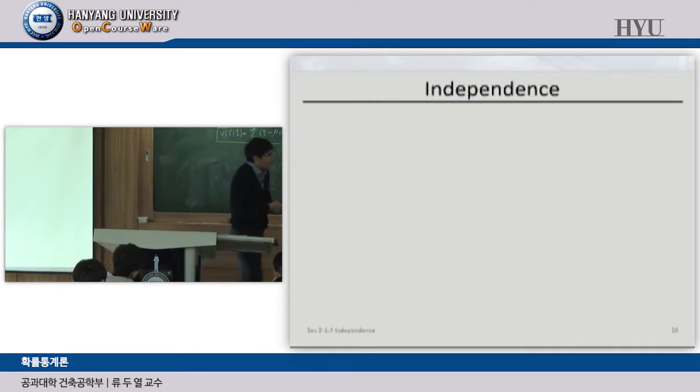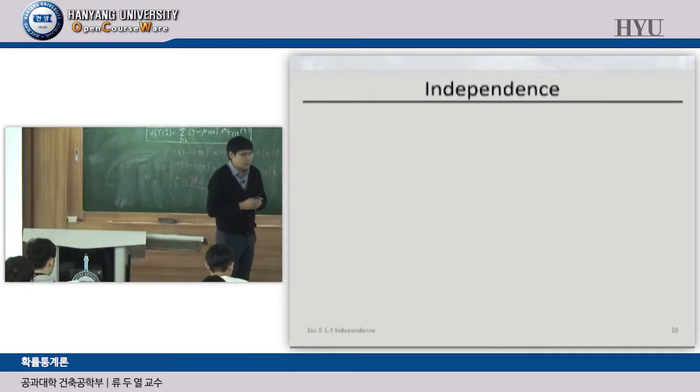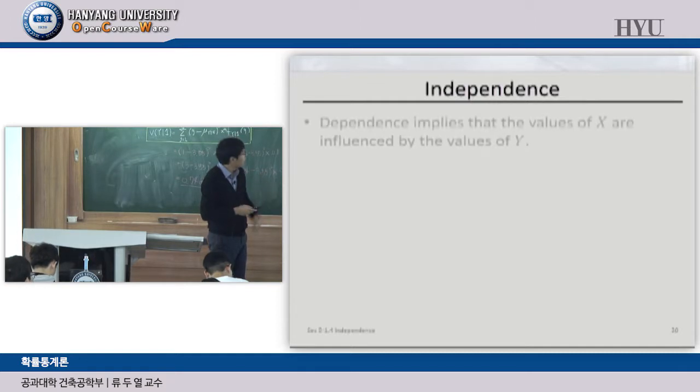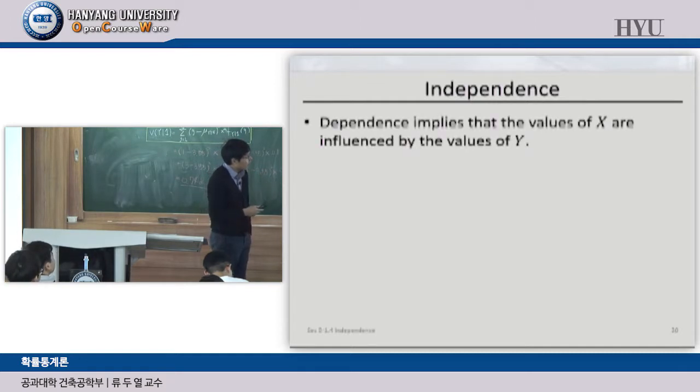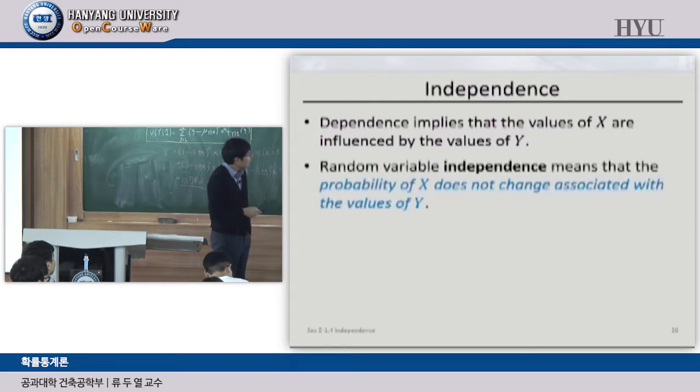And now I'm going to explain what independence is. To understand independence, we have to first know about dependence, that is the reverse concept. Dependence implies that the values of X are influenced by the values of Y. This is the case of the conditional probability.